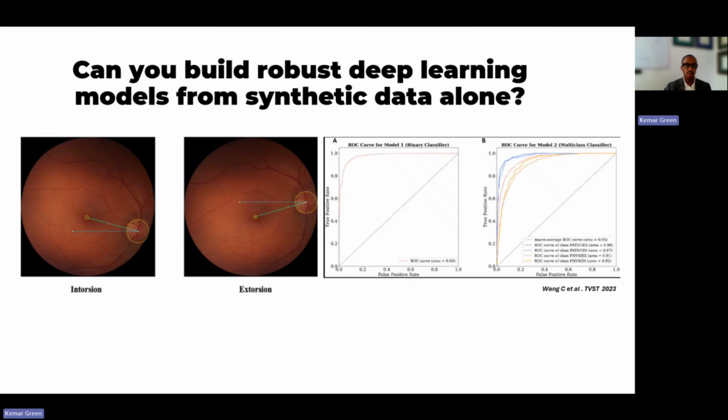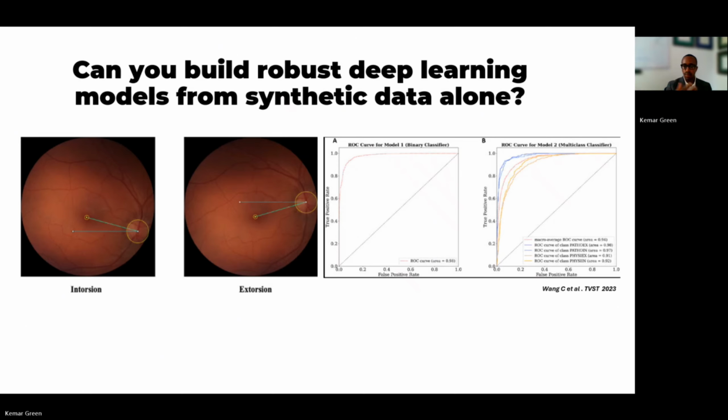data. So here we wanted to distinguish a very simple task, whether the eyeball is twisted up or twisted down. So intorsion or extorsion, which infers essentially rotation of the eyeball either towards the nose or away from the nose. This is important because it could help us distinguish between a problem happening inside the brain or a problem happening outside the brain when someone has double vision, for example.